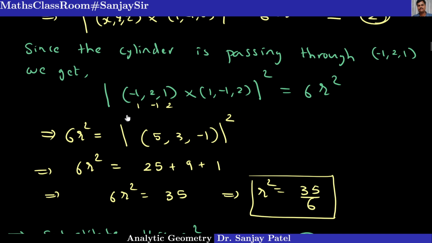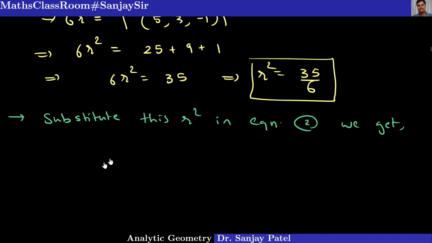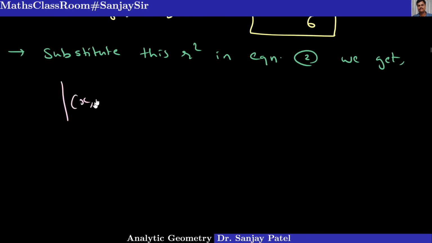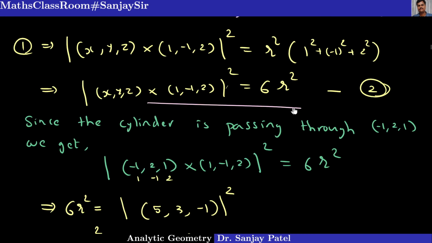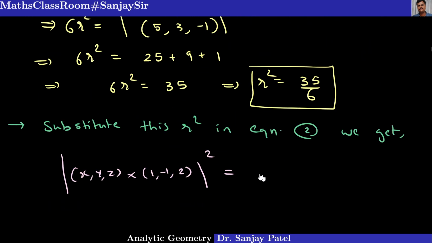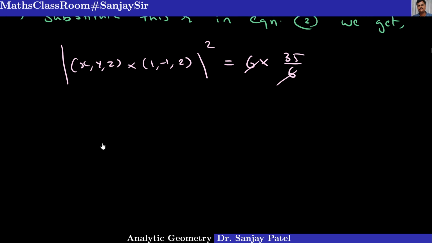What was the equation? (x, y, z) cross (1, -1, 2) whole square is equal to, see equation 2, the right hand side is 6 times r square. So I will directly put the value of r square, that is 6 times 35 by 6. So this 6 gets cancelled. And if you simplify this further, you will get the required equation of the right circular cylinder.